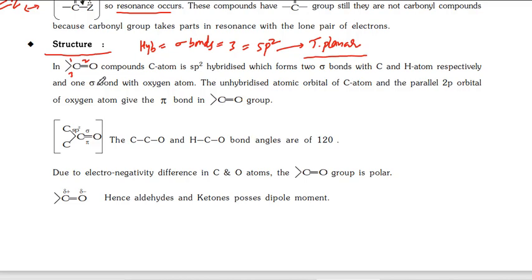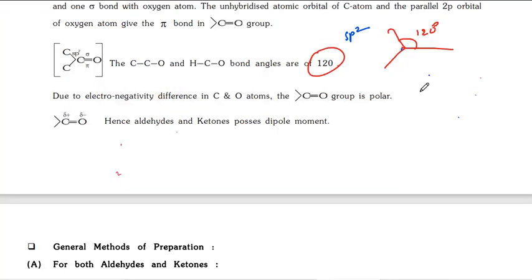So what is the bond angle? Generally the bond angle is 120 degrees. Here carbon and oxygen have one sigma bond and one pi bond. This pi bond is a p pi bond.